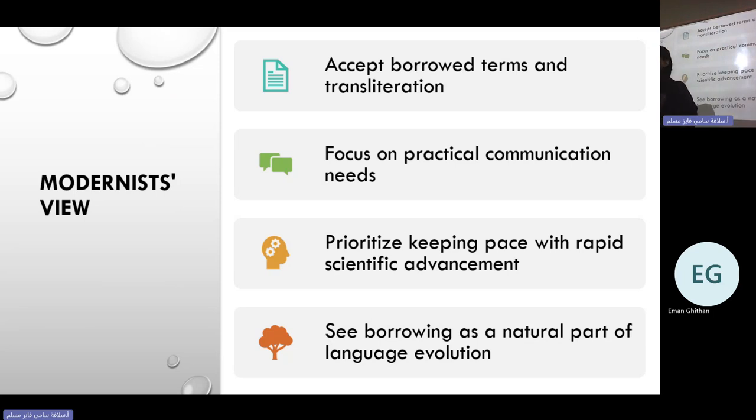That's why Arabic can't keep up with the pace of these new words. And that's why they prefer borrowing and transliteration over wasting time to find alternative Arabic words. They see borrowing as a natural part of language evolution. Modernists say that language evolves over time. By evolving, it means that it can take more languages into it.